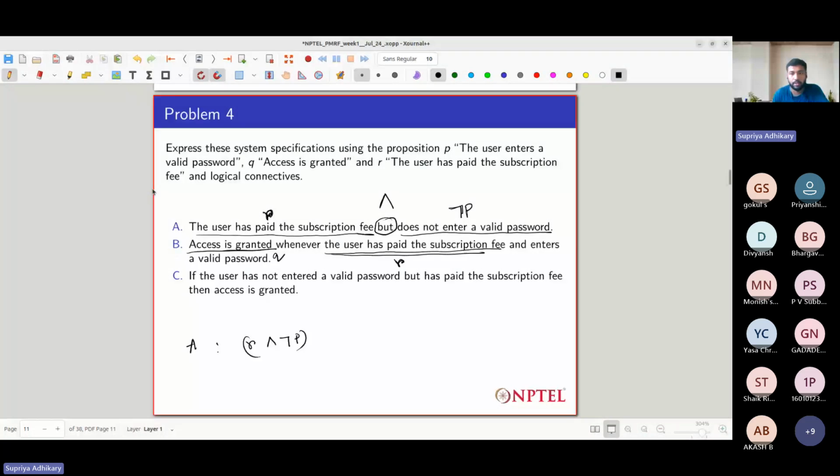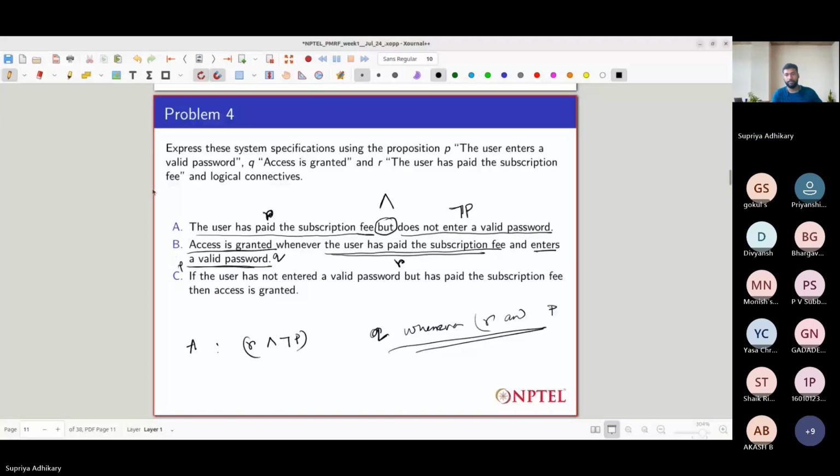So enters a valid password, that is our proposition P. So Q happens whenever R and P both happen.